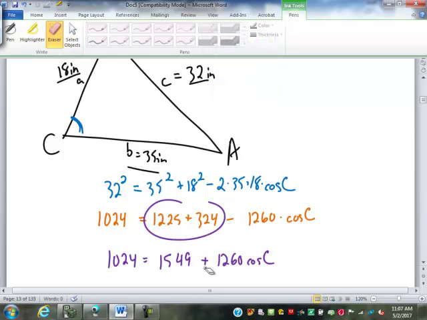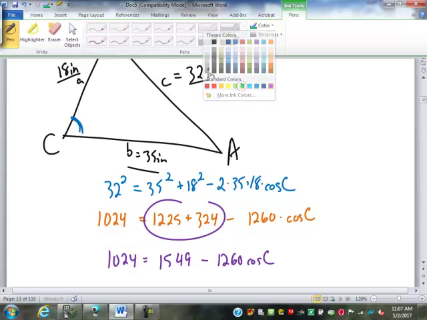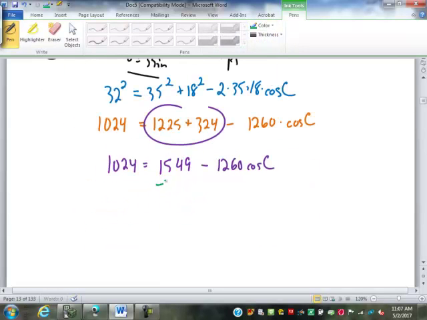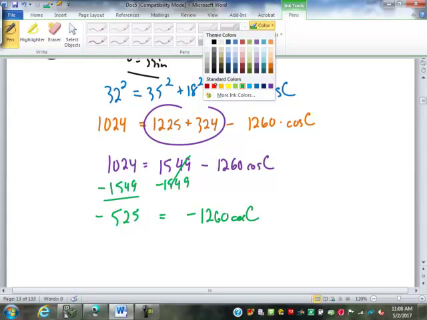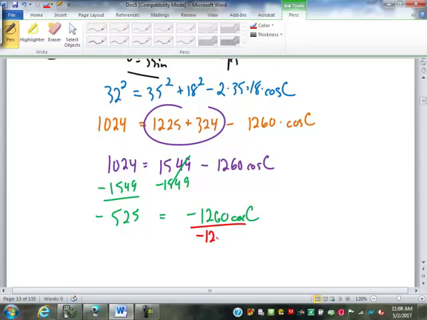It should be minus in both cases. And then we subtract the 1,549, which gives us negative 525. And then we divide by the negative 1,260, right?